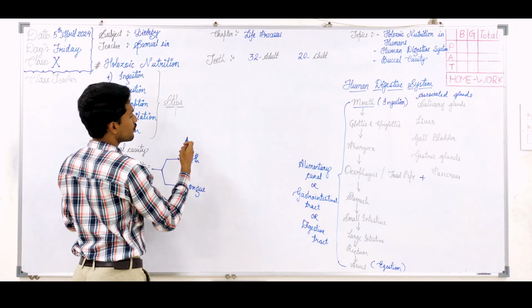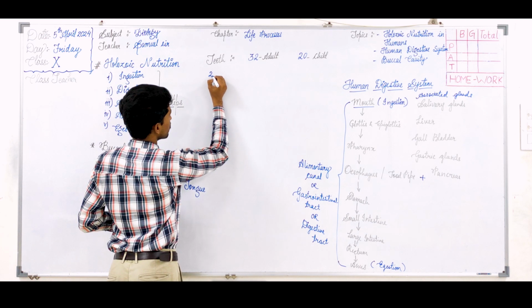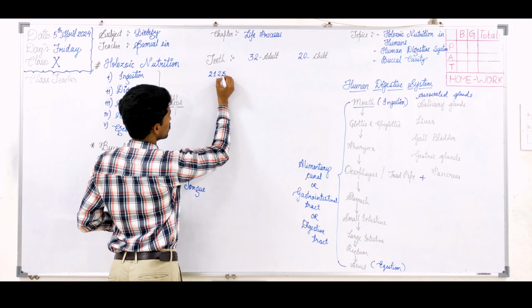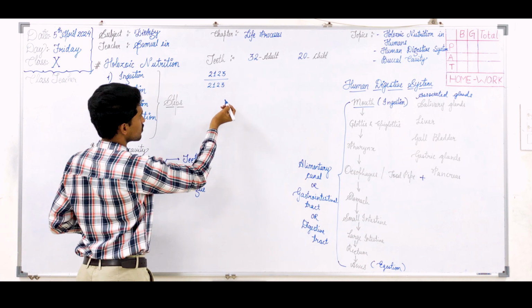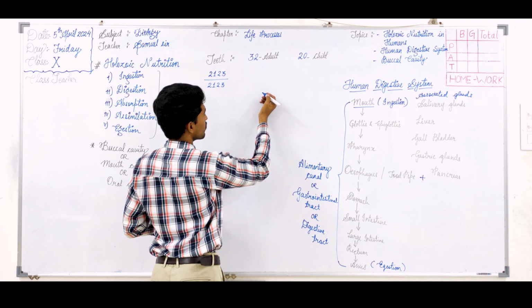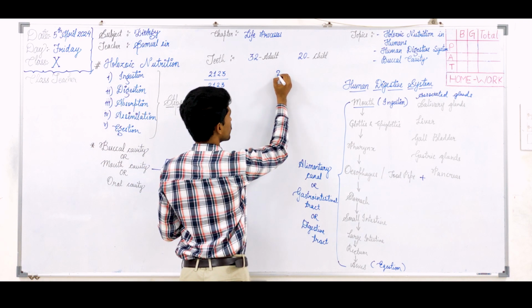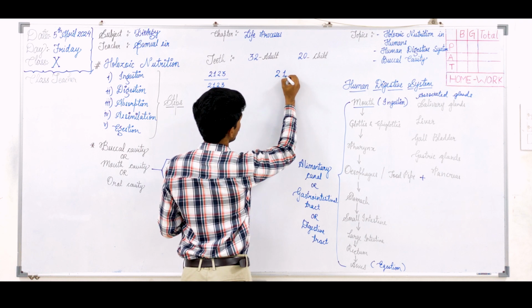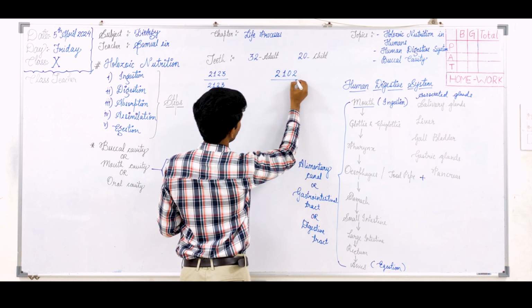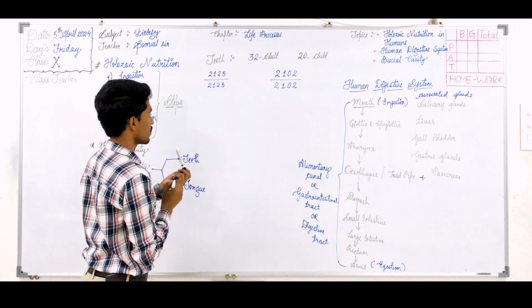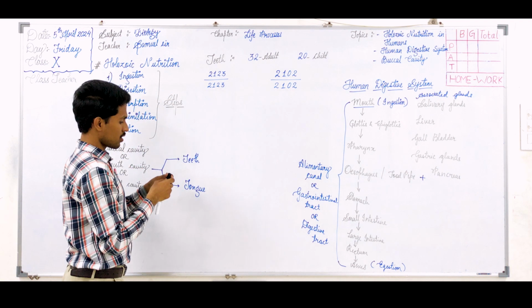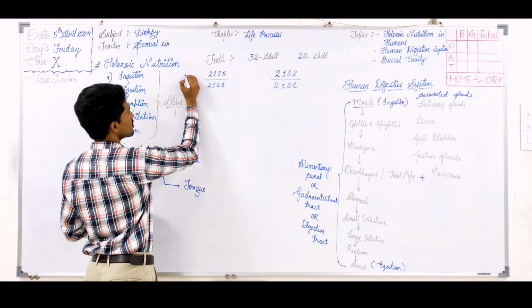The dental formula of an adult will be 2123 upon 2123, whereas in the case of children it is 2102 upon 2102. Now you might be wondering what exactly this is.